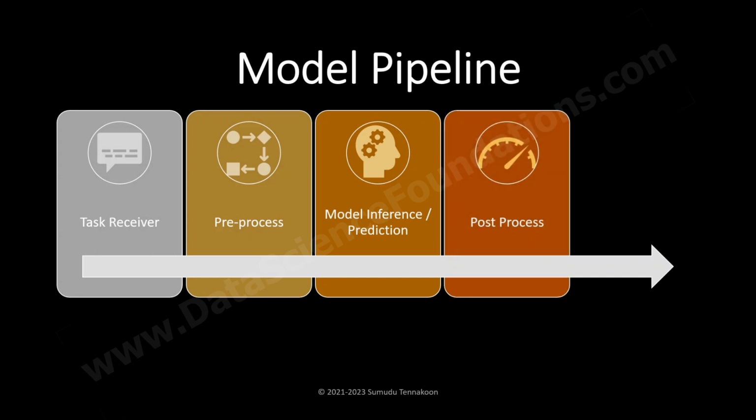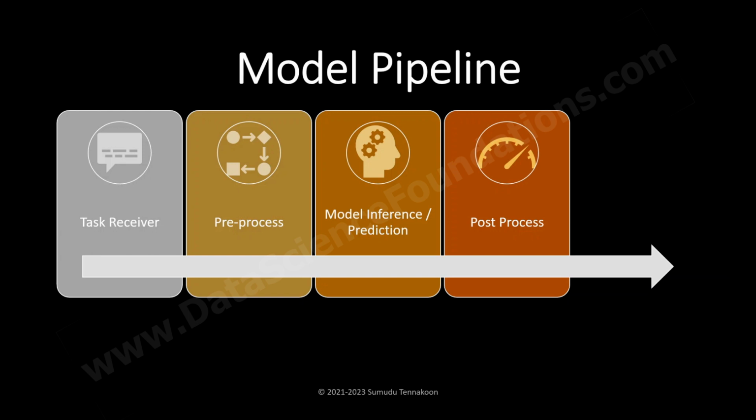The next piece of the pipeline will be the post-processing. The model will predict something, or do the inference, or generate the output in this case. So this is a general machine learning model pipeline. In this generative model, we'll generate the output, but we are not going to send that directly to the user. We will do some post-processing. I will describe that in a minute. We have to do some validation.